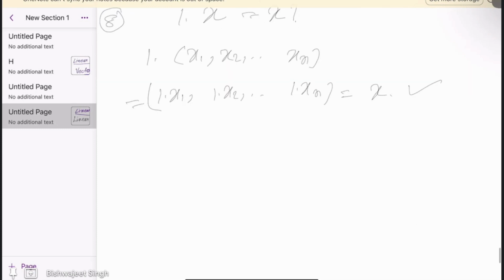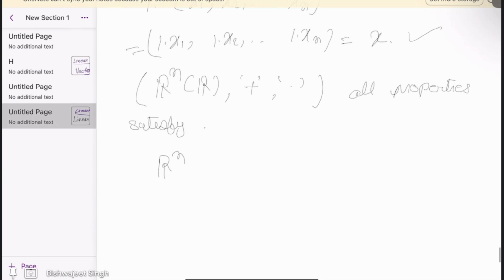So we saw that for Rn with respect to the field R, we defined one plus operation, we defined this dot operation, and we checked that all properties are satisfied. Right? So we can say that this Rn, plus, dot is a vector space. Some people also write it as Rn over R, plus, dot is a vector space.